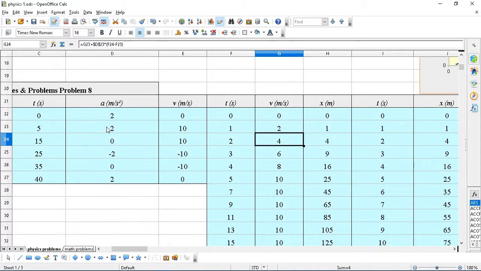Remember that this is interval 1. So here we have the same expression, $D$23. That means that this value is the one used for all these time values for this interval from 0 to 5 seconds.